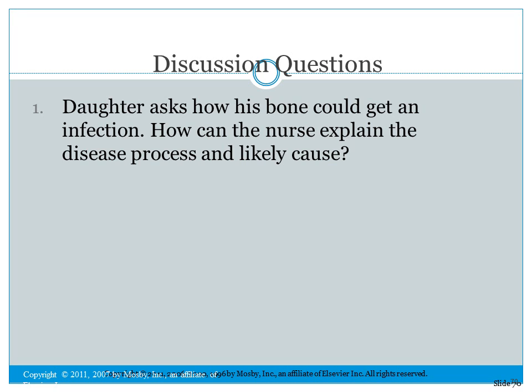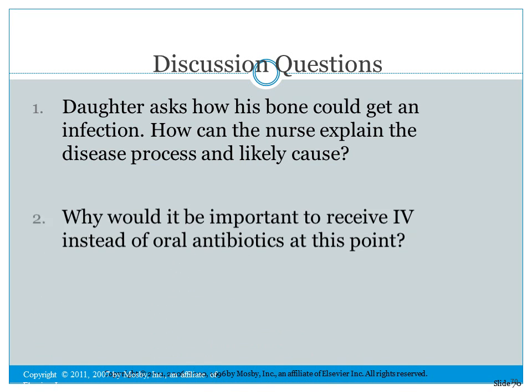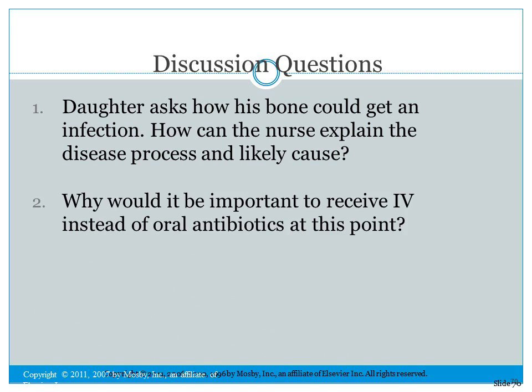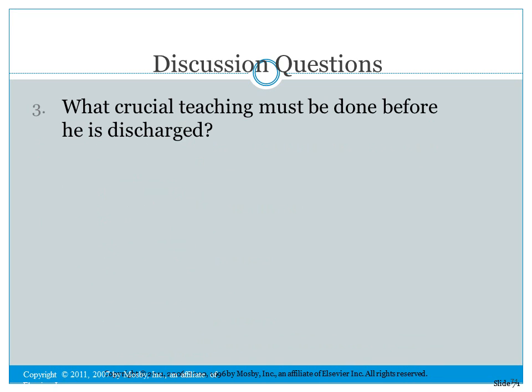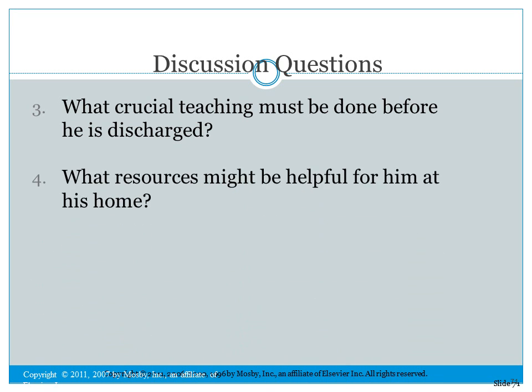So, take a minute and answer, how can the nurse explain the disease process and the likely cause? Why would it be important to receive IV instead of oral antibiotics? Number 3, what crucial teaching must be done before the patient is discharged? And what resources might be helpful for this individual in the home setting?